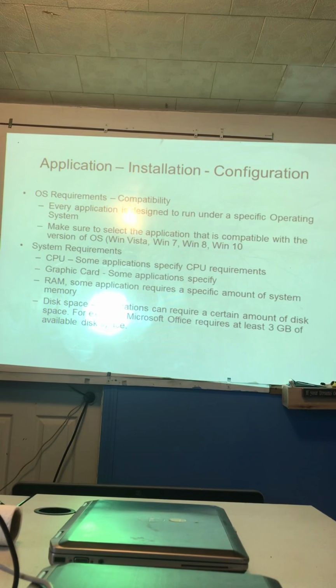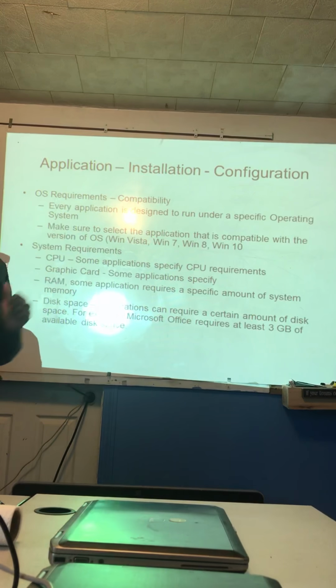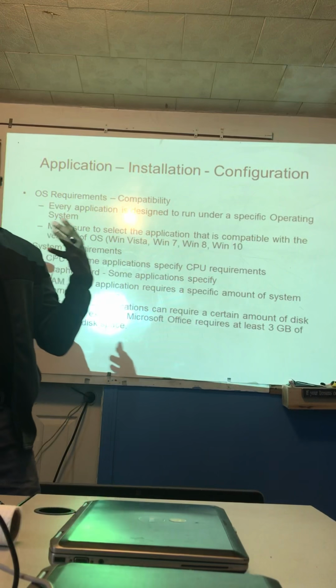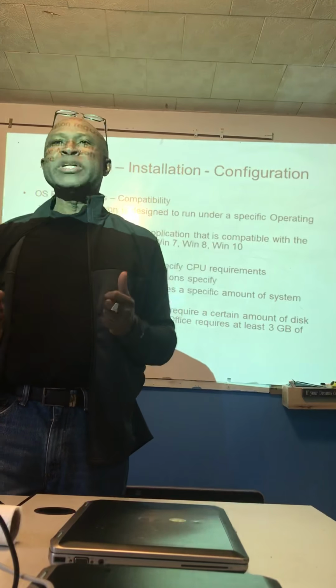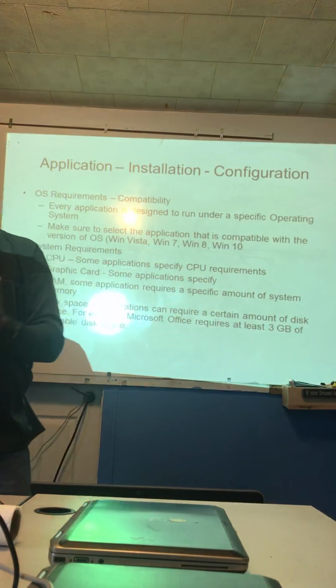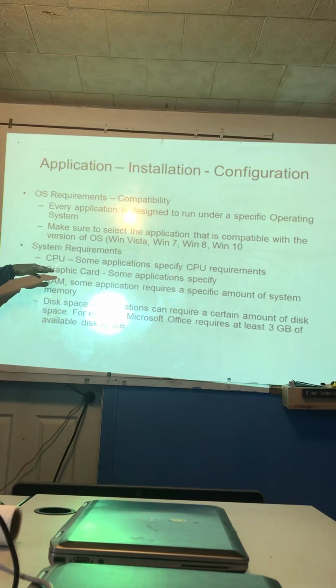And system requirements, the CPU. Some applications specify CPU requirements. Some may require a Pentium CPU. Some may require a dual-core CPU. Some may be designed for 32-bit. Some may be designed for 64-bit. So you have to make sure that the CPU in your computer meets the requirements of the application you're going to install.